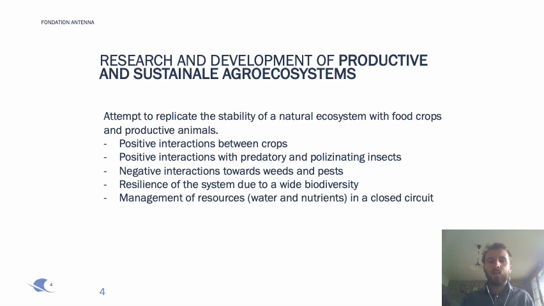The idea is to replicate the stability of a natural ecosystem, but we introduce food crops and productive animals in it. So we will use positive interaction between crops. We will use positive interaction with insects that can help us, negative interaction towards insects that are pests and that we don't want, as well as weeds, and a resilient system due to a wide biodiversity and management of resources in a closed circuit.